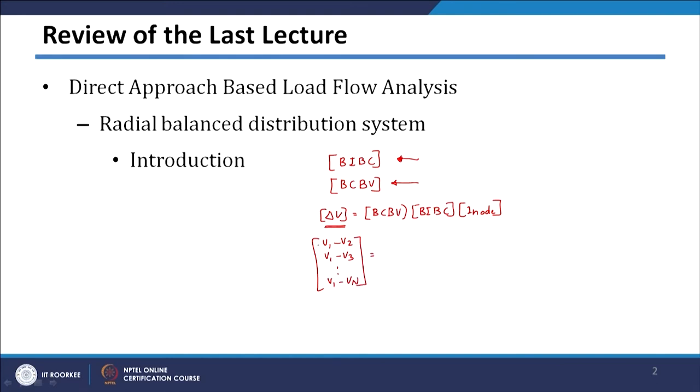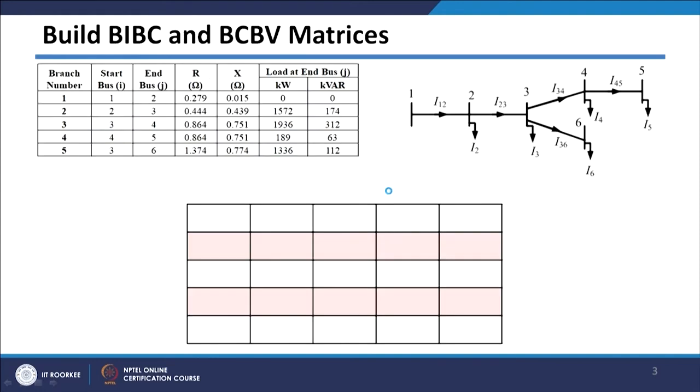So, we can get the voltage difference with respect to your first node. Collectively, BCBV multiplied by BIBC, we call it matrix DLF. If you know matrix DLF, we can directly multiply it by I node, which are basically nodal currents, and we will get the voltage difference.